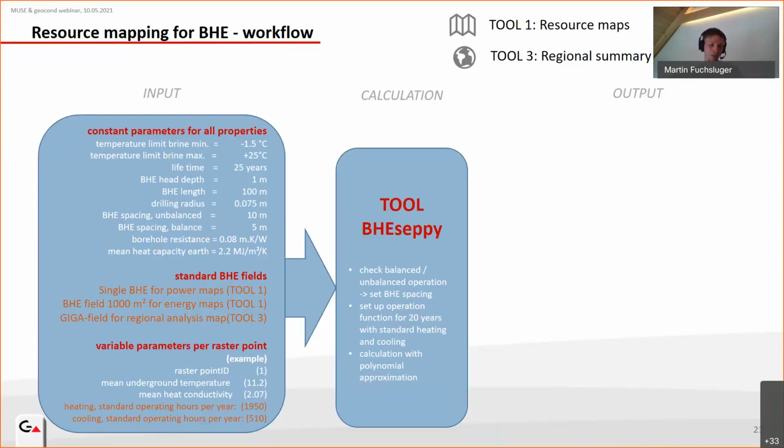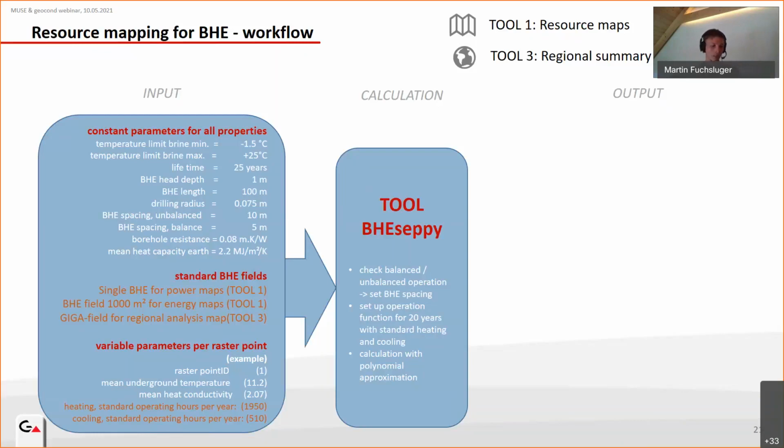And as we don't have building information for the maps, we use the standard operating hours per year for heating and cooling. For the whole of Salzburg, for example, we have more than 700,000 points to calculate.